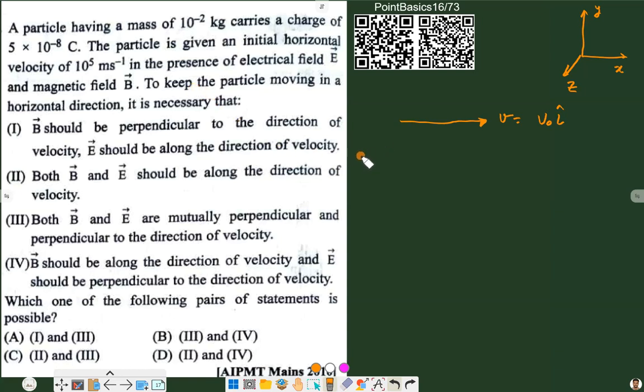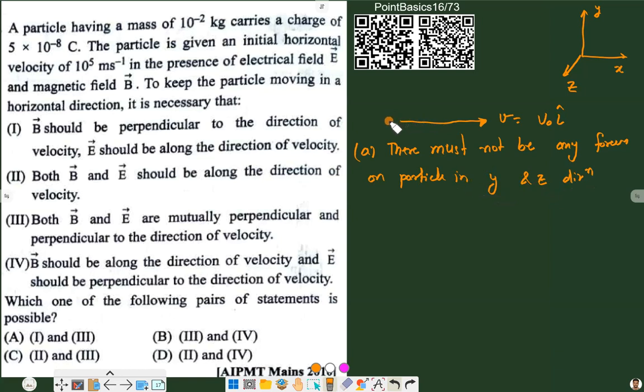Condition A: there must not be any forces on the particle in y and z direction.